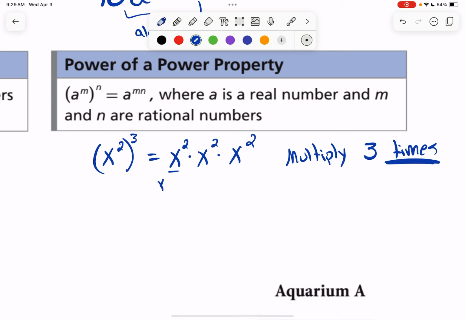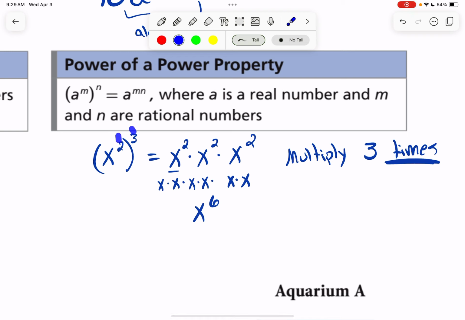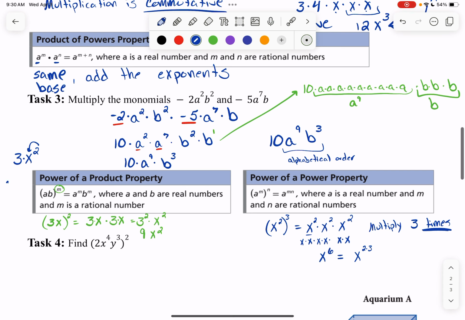So I'm really multiplying 2 x's and 2 x's and 2 x's. So I'm really multiplying 6 x's, which I can get by using this shortcut by just taking the 2 times the 3, which is the same as x to the 2 times 3, which gives me x to the 6th. So really, I think of these rules as just shortcuts. They're shortcuts to us having to write it out so many times.